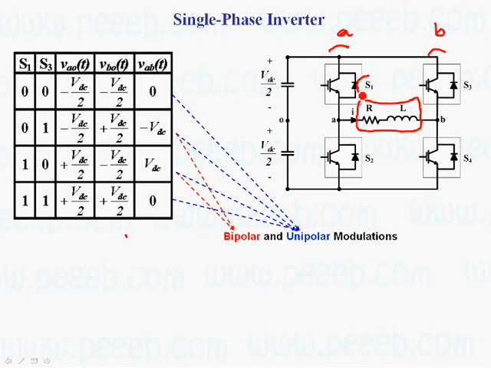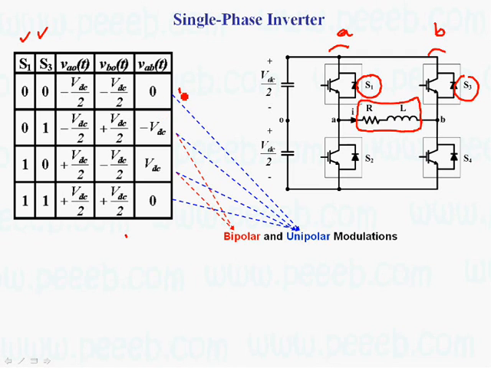As I mentioned before, because we define the switching states based on the top switches, and we have two switches, there are four different combinations: when both top switches are off, when S3 is on and S1 is off, when S1 is on and S3 is off, or when both are on. So in this case we have four different switching states and three different voltage waveforms.